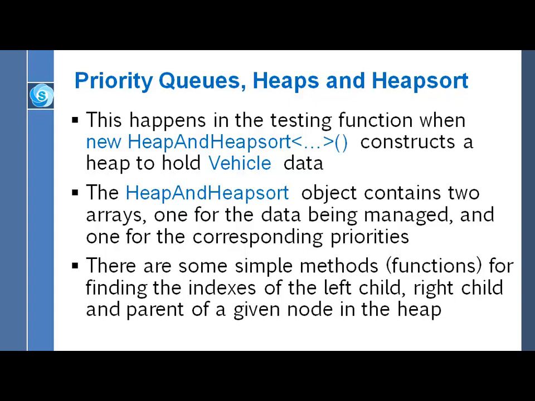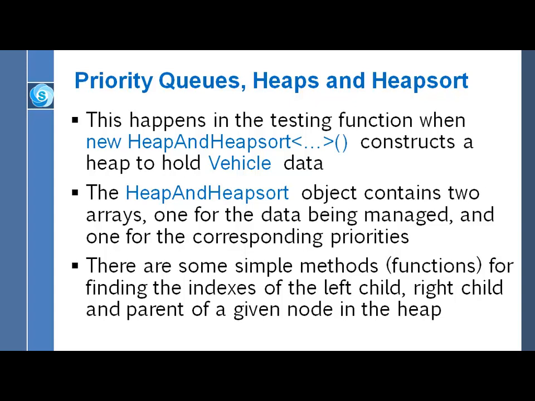Then there are some simple methods that help us navigate conceptually through the binary tree. If we know the index of a node, we can find the index position of its left child.